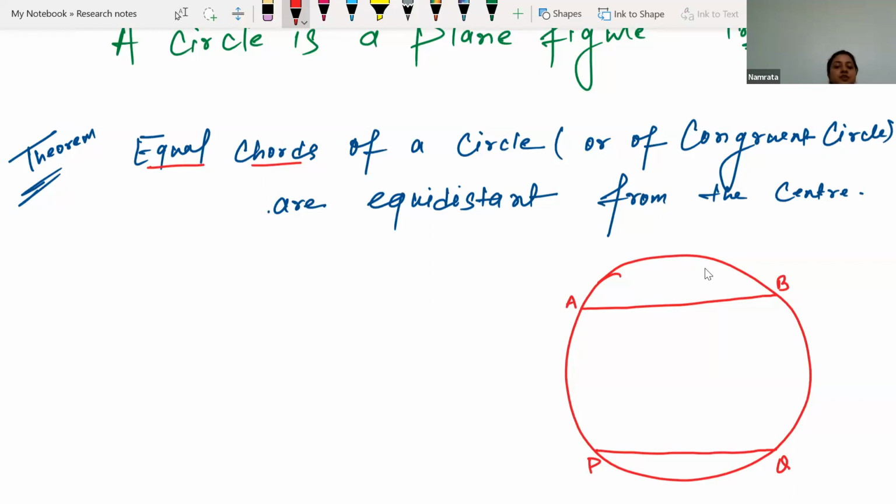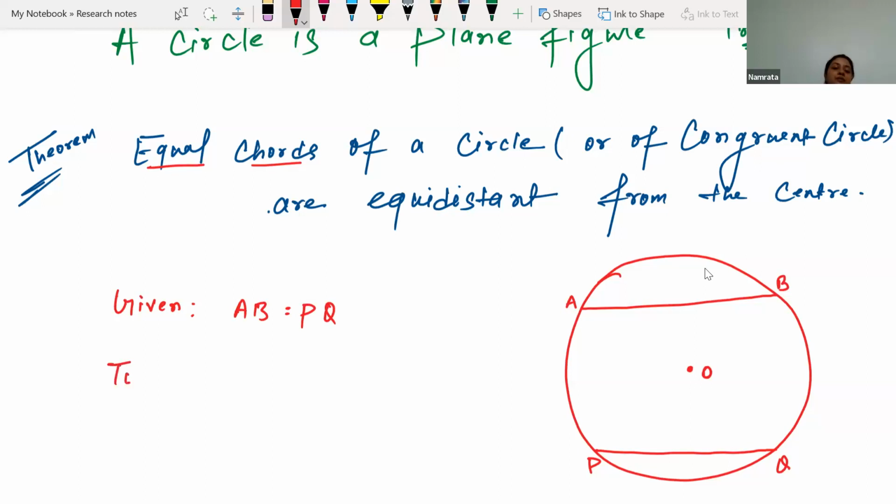Are equidistant from the center. Here O is the center. We have to show that if AB is equal to PQ, it is given. How am I saying it's given? Because the first two words only say equal chords. So two chords we have drawn, AB and PQ, and we are taking both of them as equal chords.